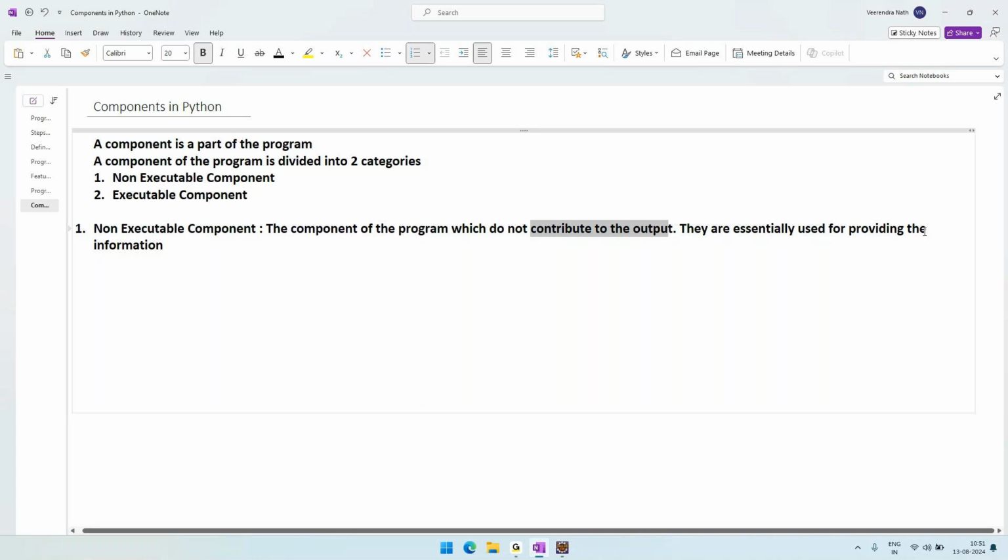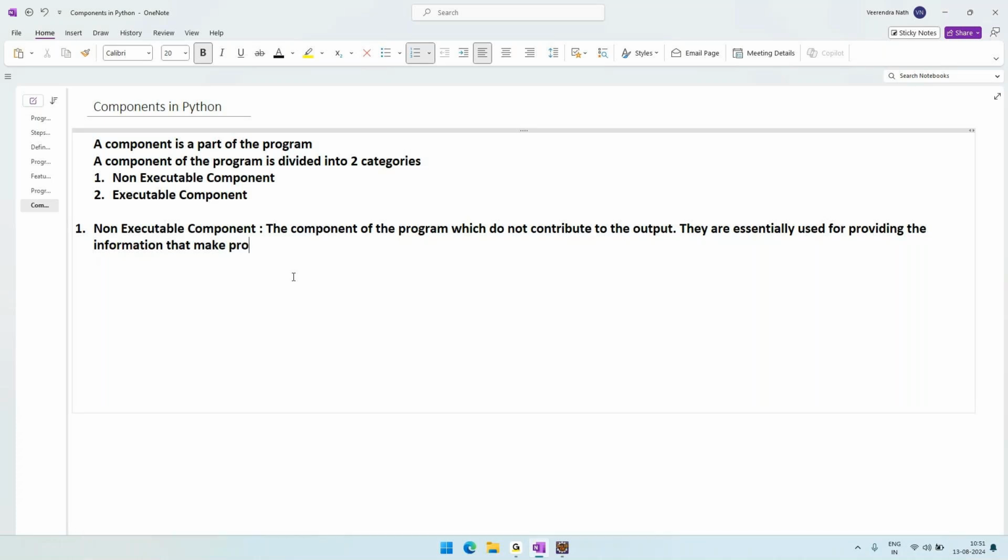They are essentially used for providing the information that makes the program more readable.